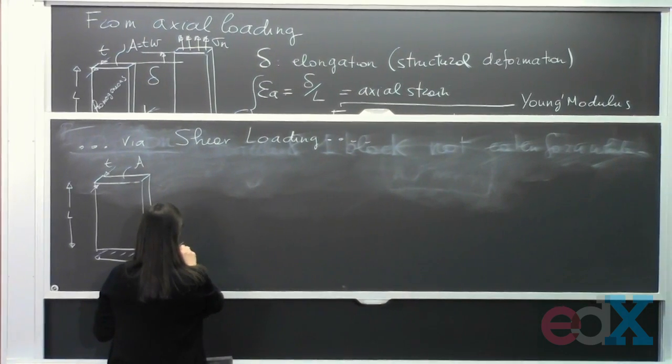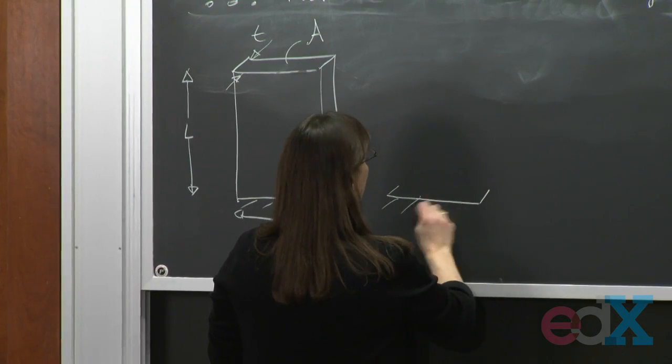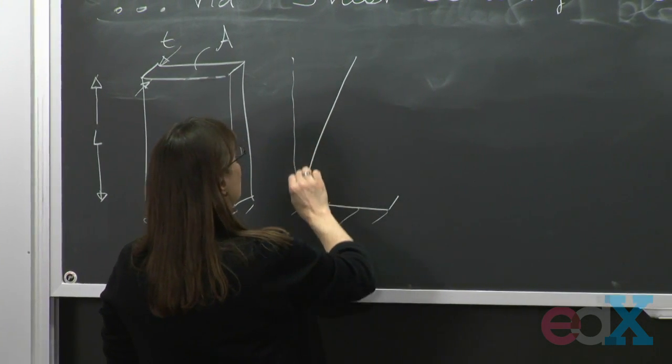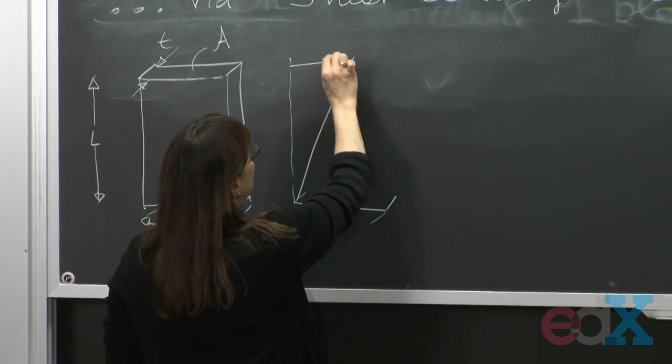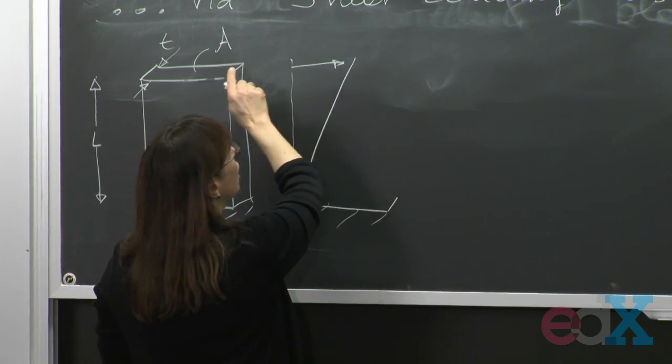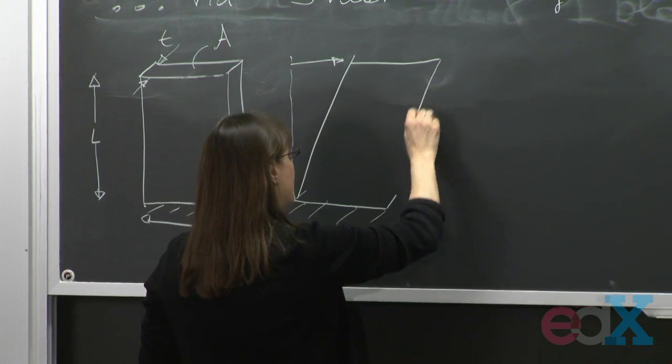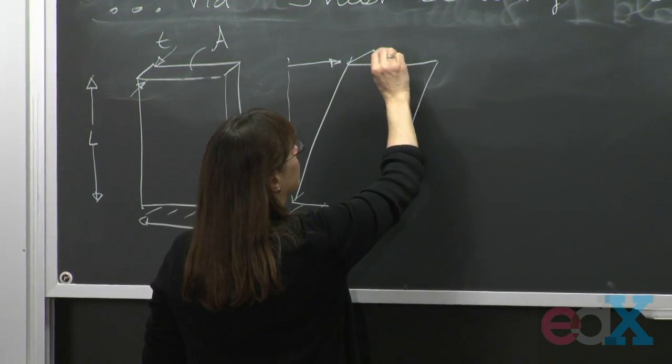So the bottom stays put, stuck to the ground. But the top, with respect to where it was, moves. It doesn't go up or down. It only moves parallel to the surface. So that now my bar looks like that.